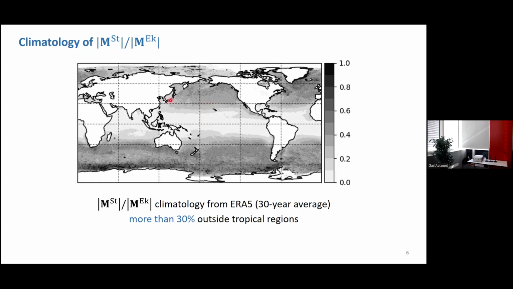But otherwise, in mid-latitude or higher latitude, the Stokes transport is typically more than 30% of the Ekman transport. We know that the Ekman transport has a large impact on coastal dynamics, so we can also expect an impact of Stokes transport.